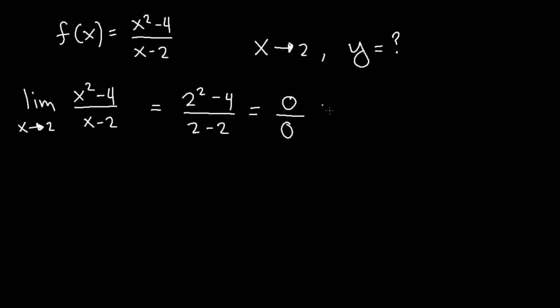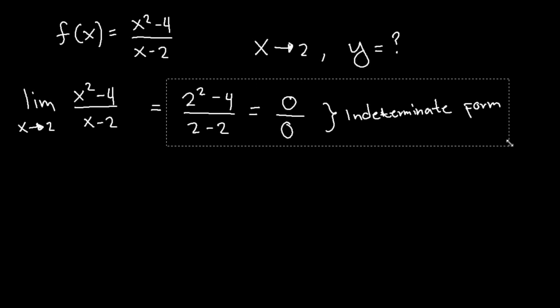And 0 over 0 is an indeterminate form. So direct substitution is not possible.